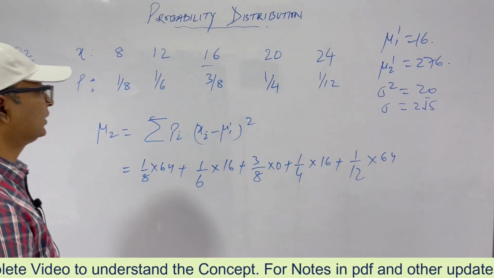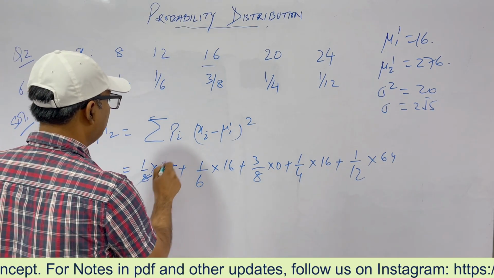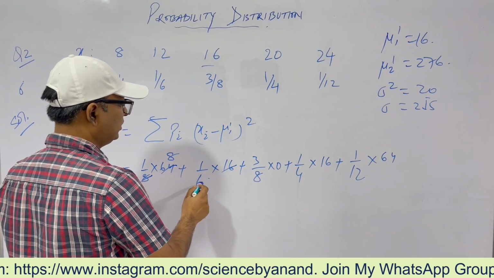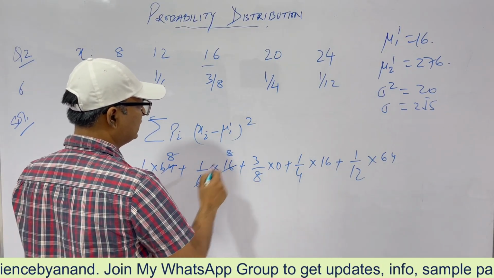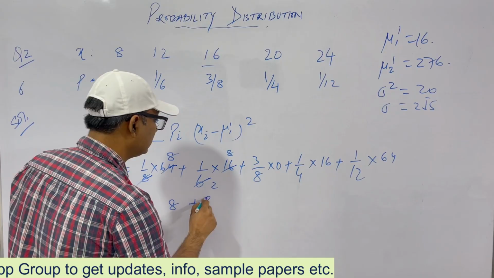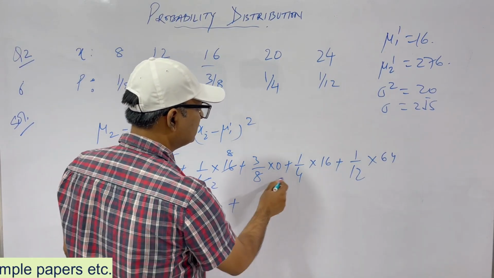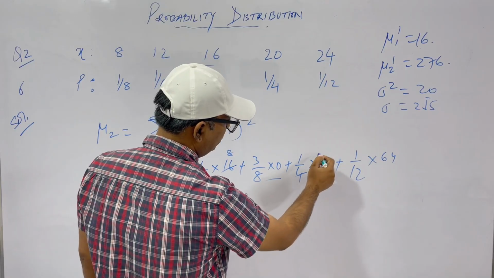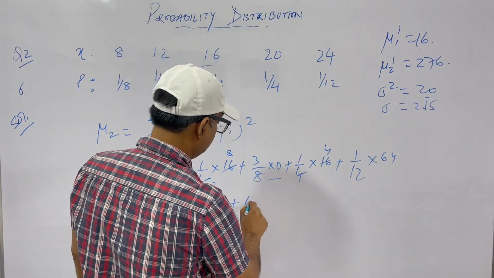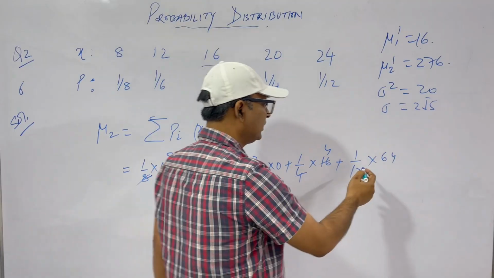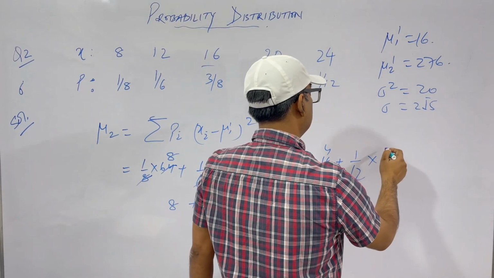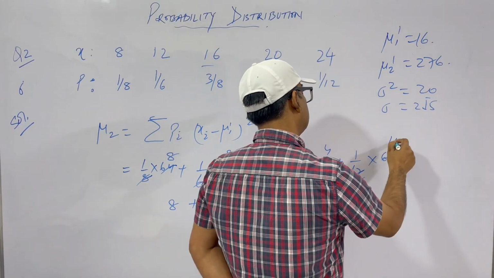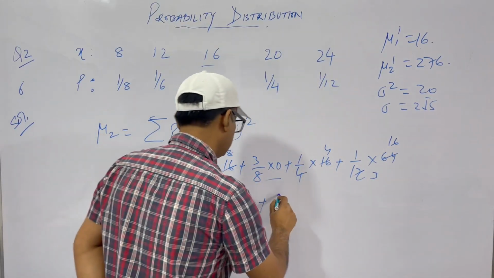So this is 8, this is 8 by 3, this is 0, this is 4. Sorry, sometimes you get stuck. And this is 16 by 3.